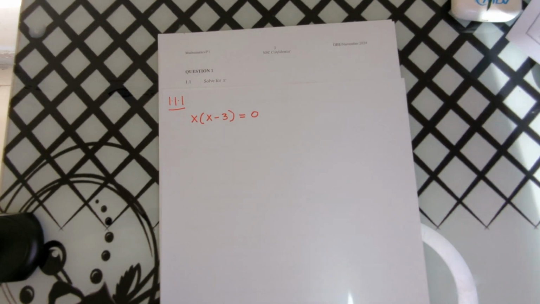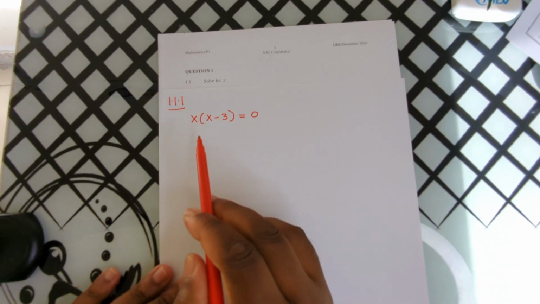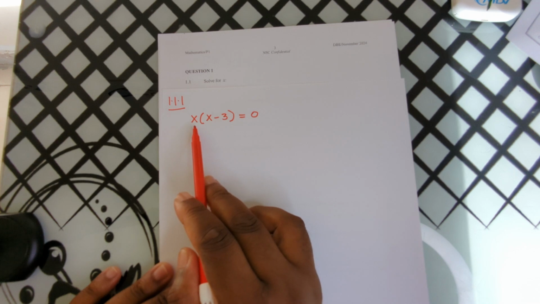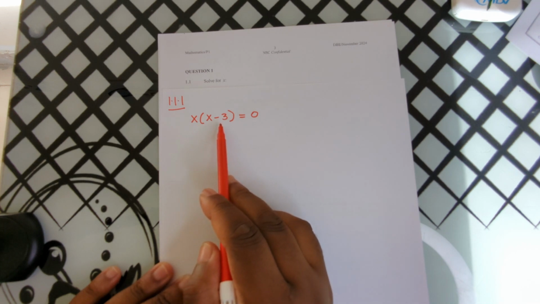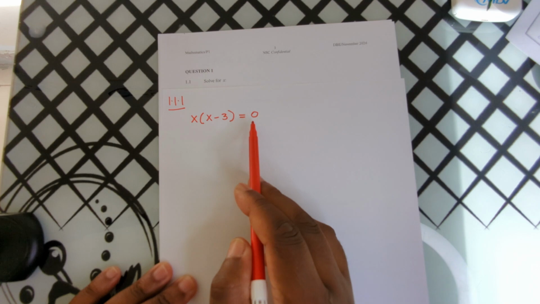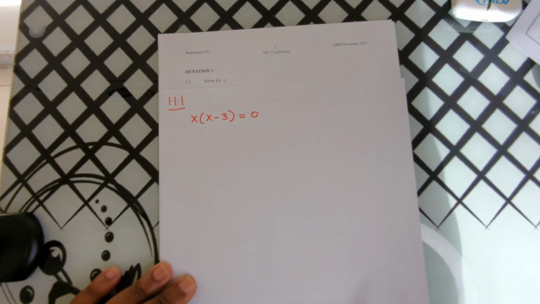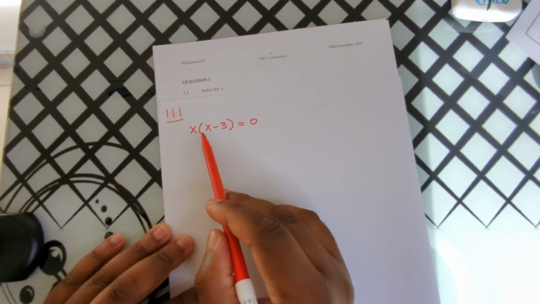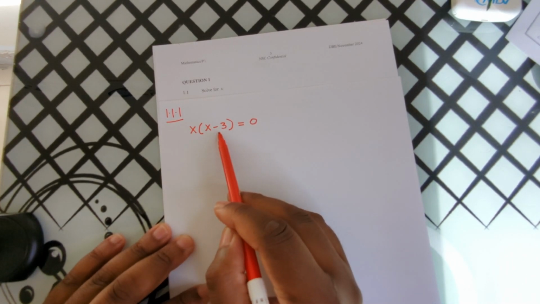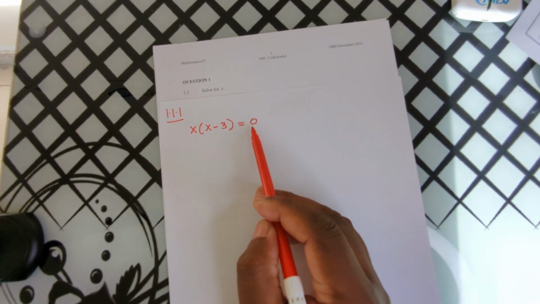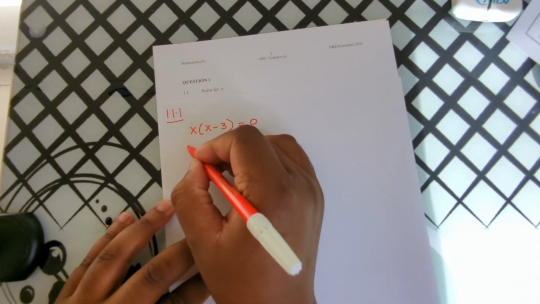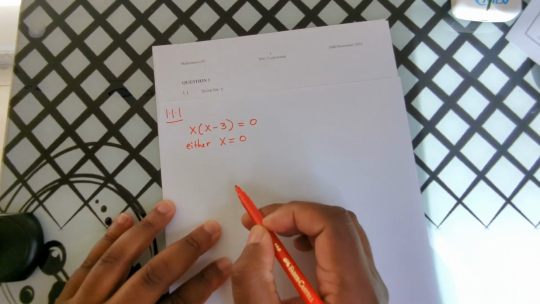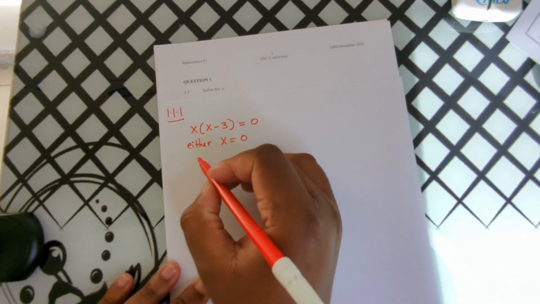The first question says solve for x, and we are given a quadratic equation in factored form where x is being multiplied by x minus 3 and giving us a 0. Every time you have factors which are being multiplied and giving you a product of 0, it means either one of the factors is equal to 0 or both of the factors are zeros.